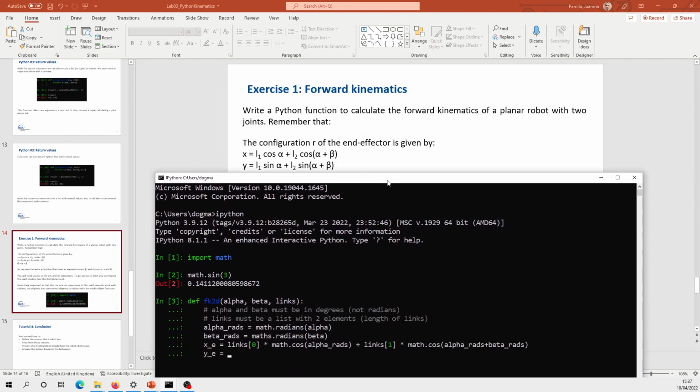Now the calculation of y of the end effector is exactly the same, but using sine instead of cosine. So we can just copy the line from above.